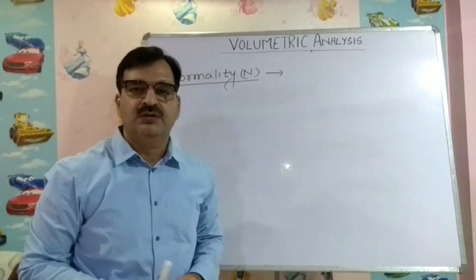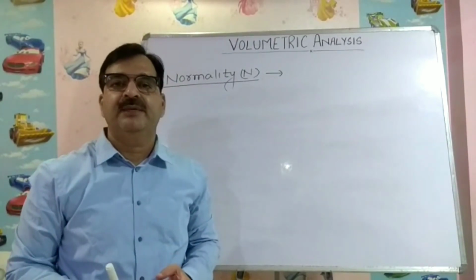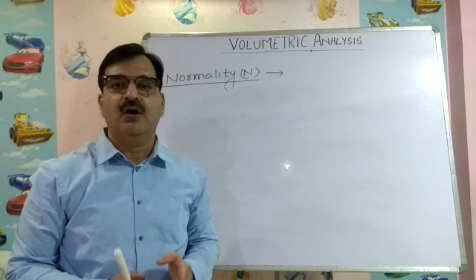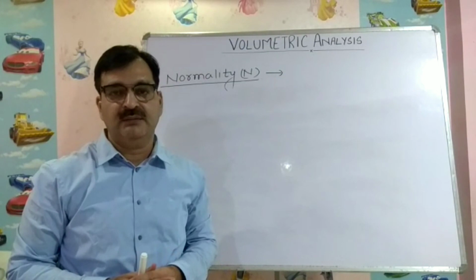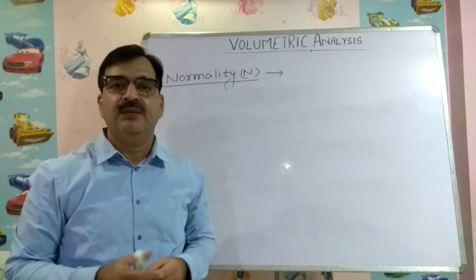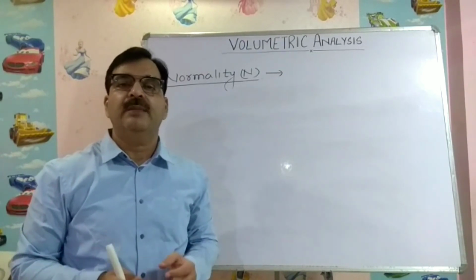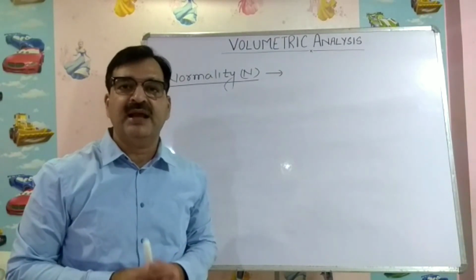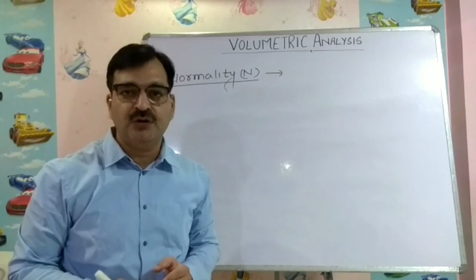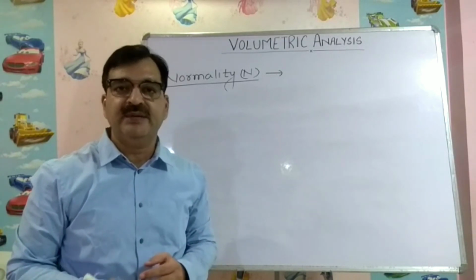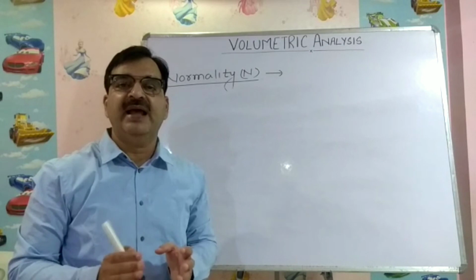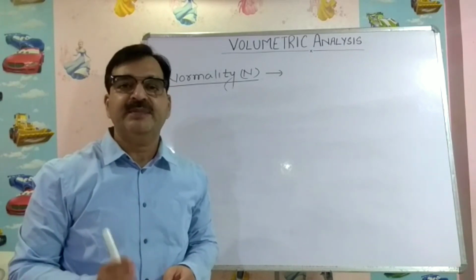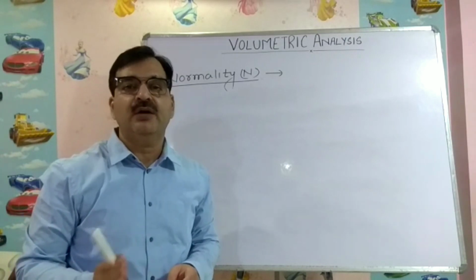Now students, if we have two or more acid solutions and we have the normality and volume of these solutions, and by mixing them we want to get the normality of the resultant solution, then it is given by the relation N1V1 plus N2V2 plus N3V3 is equal to NR into V1 plus V2 plus V3. NR represents the normality of the resultant solution.